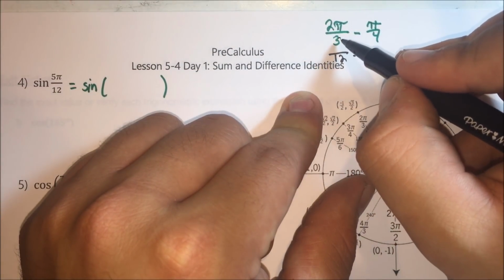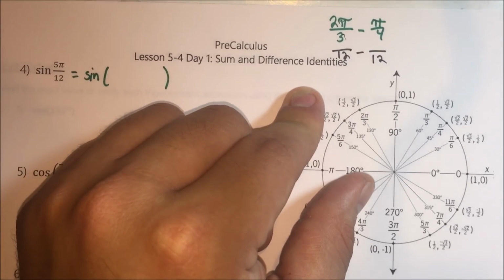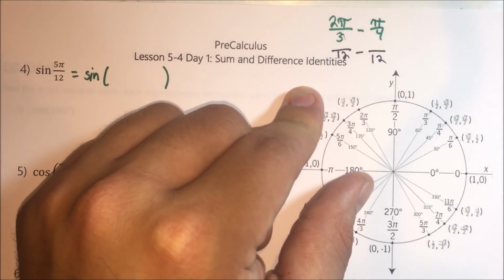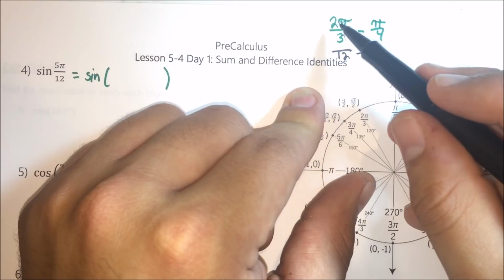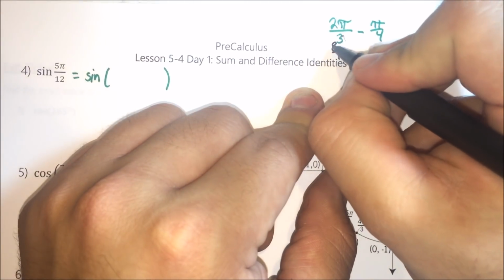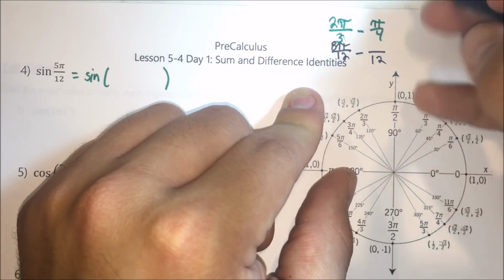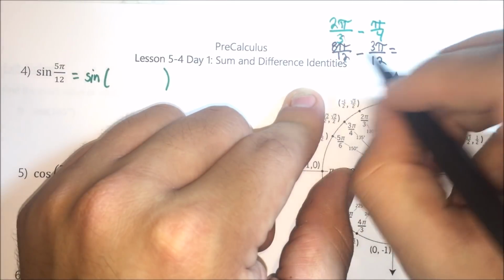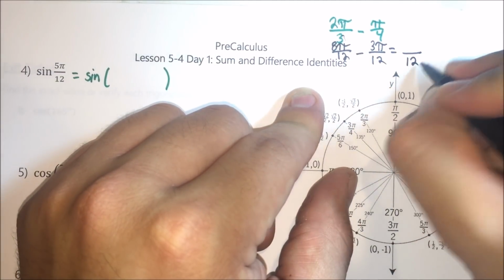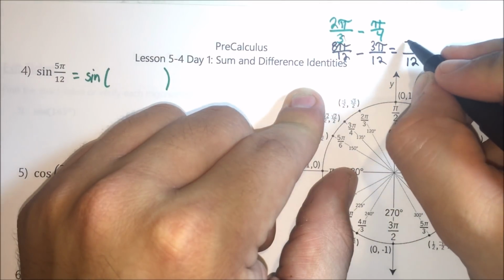And let's see, 4 times 3 is going to give us 12 there, but again I have to multiply the top by 4, so that's going to be 8 pi. 3 times 4 is going to give us 12, so that's going to give us 3 pi in the top. And again, all we have to do is the denominator stays the same whenever we subtract or add fractions, but 8 pi minus 3 pi is 5 pi.